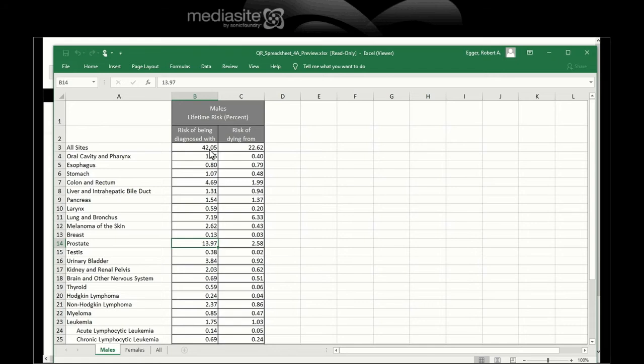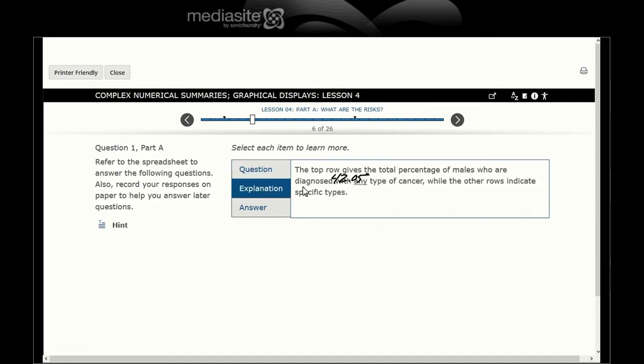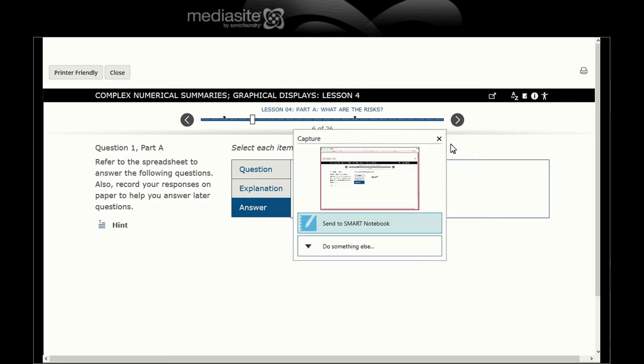Looks like 42.05%. The top row gives the total percentage of males who are diagnosed with any type, while the other rows indicate specific types. Okay, 42.05.